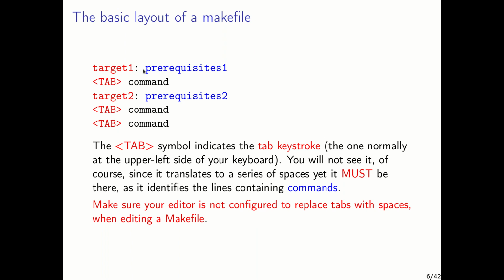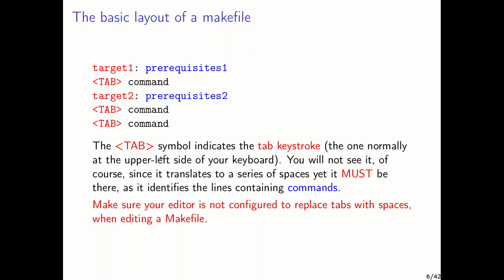So you have the target, the colon, the list of prerequisites, and then, following, a tab and the command that enables you to produce the target from the prerequisites. And you continue like that. You may have more than one command.